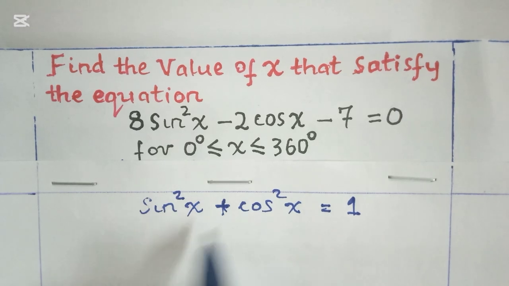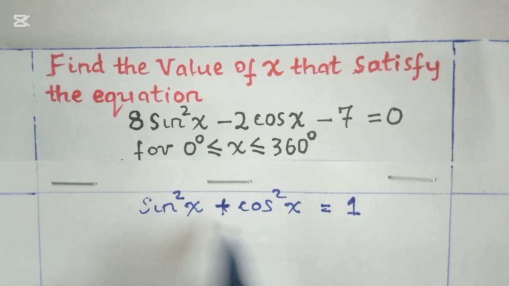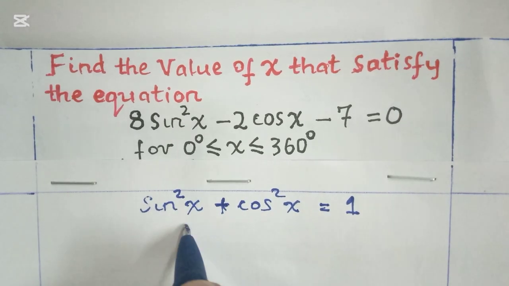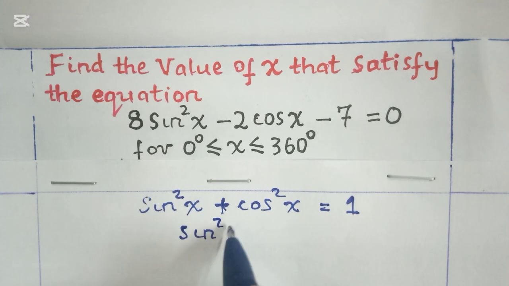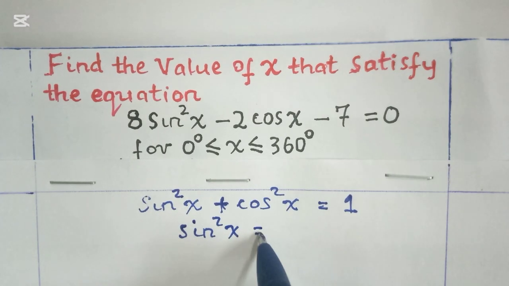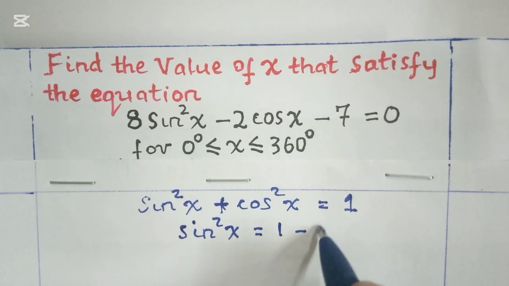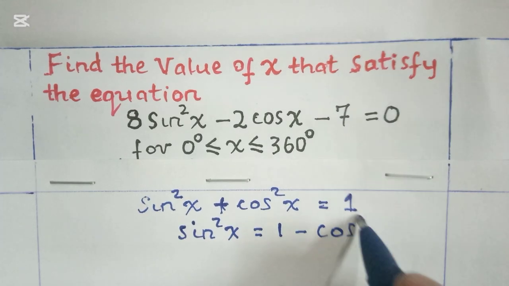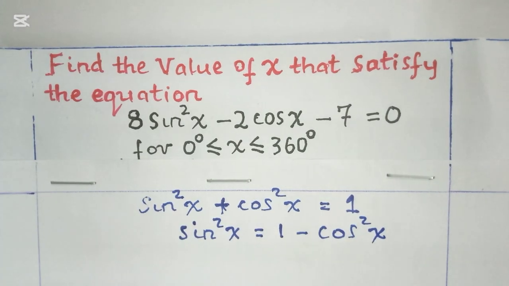Therefore, sine squared x is equal to 1 minus cos squared x.